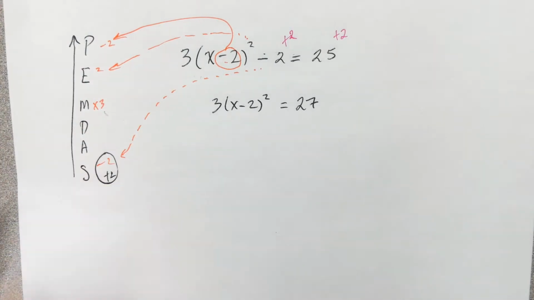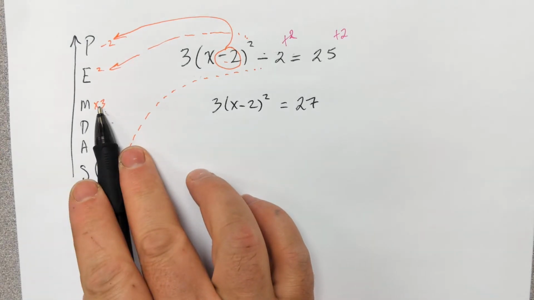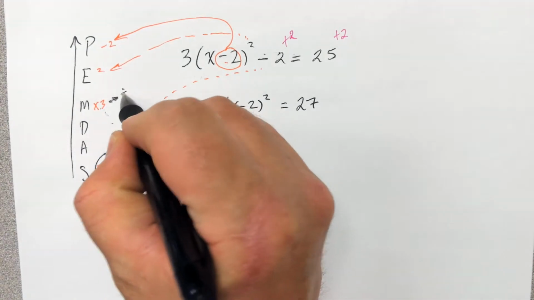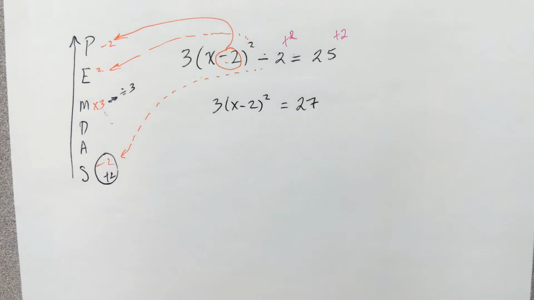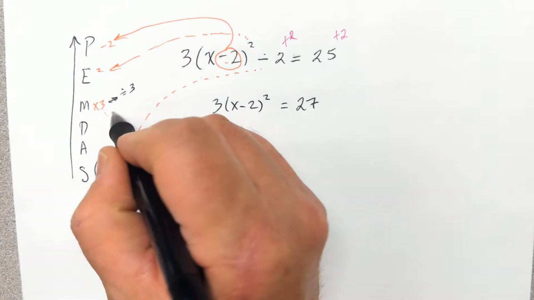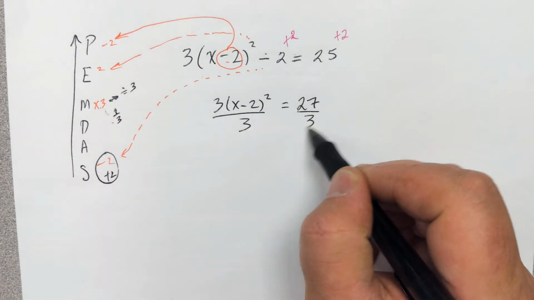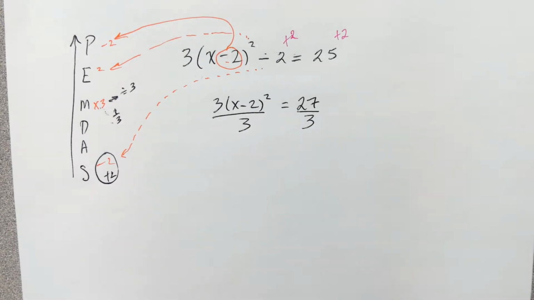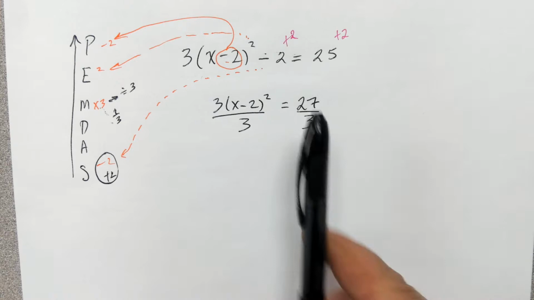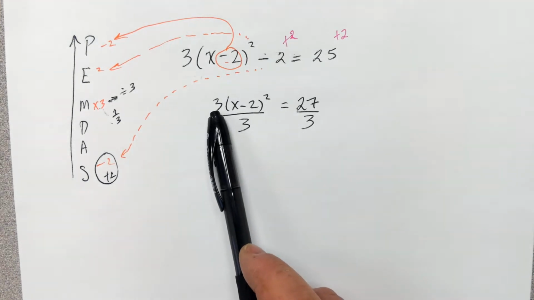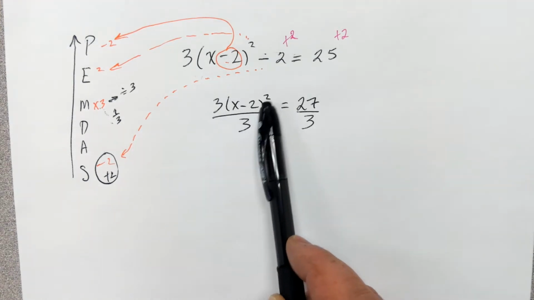You ever see that before? Opposite of times 3, divide by 3. The way we divide by 3 is we either multiply by the reciprocal, or we can just do it like this. Either way is fine. There's something kind of tricky over here. See this 3 and the x minus 2 squared?